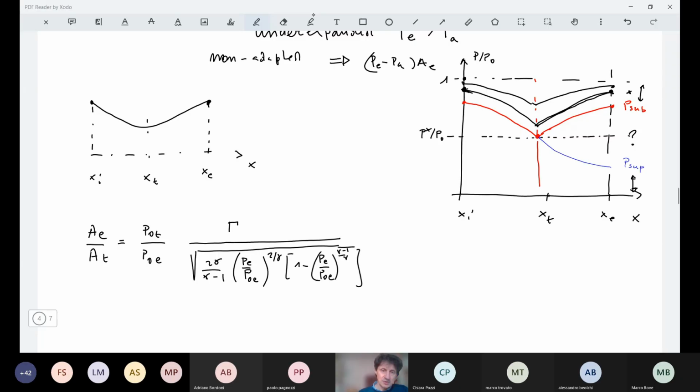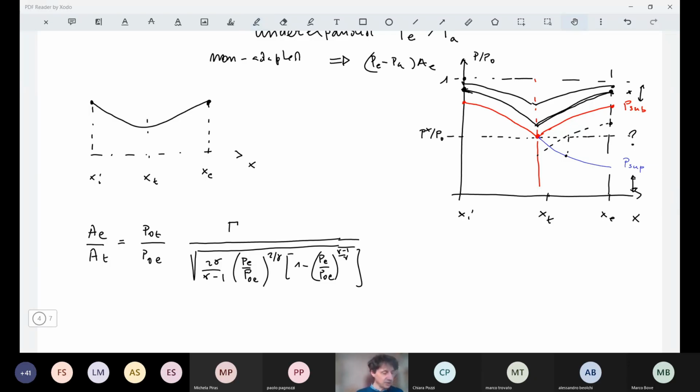So we will continue tomorrow to analyze this case, which is the case where the pressure is between the subsonic and supersonic isentropic solutions, and we will show that if we consider a lower total pressure, we have to shift down these lines, and so this position could correspond to this isentropic solution in the diverging section, which, of course, implies that we should move from this supersonic branch to this one.